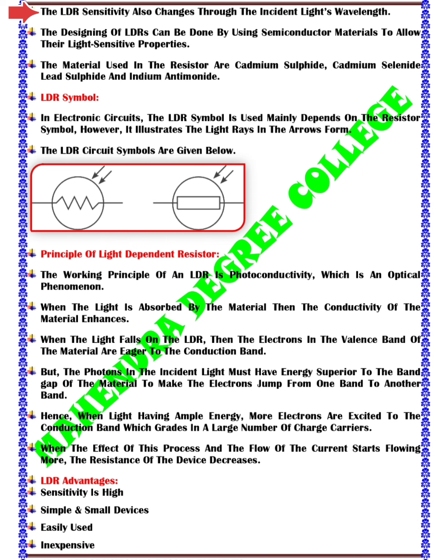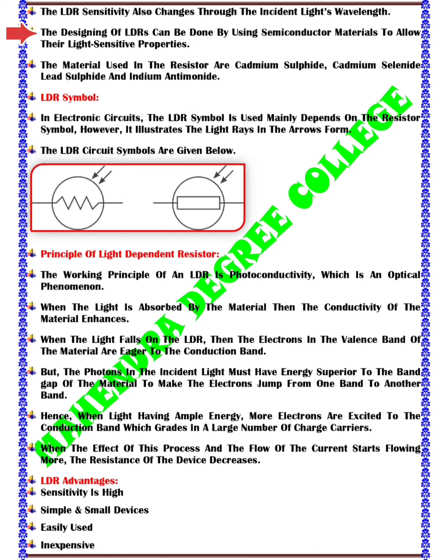For example, some LDRs are designed to be particularly sensitive to infrared radiation, while others are more sensitive to visible light. The design of light-dependent resistors (LDRs) utilizes semiconductor materials to achieve their light-sensitive properties.